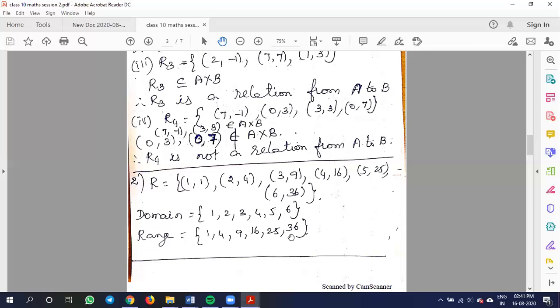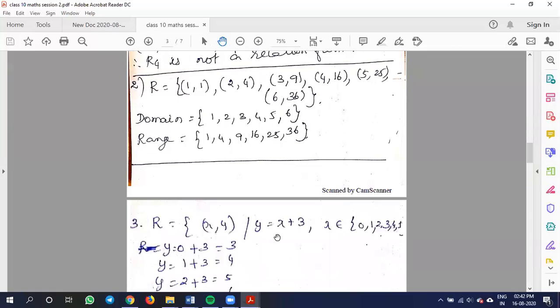So domain means in the ordered pair, you write the first element. That's all. Range means you write the second element in the relation. That's all. Over.